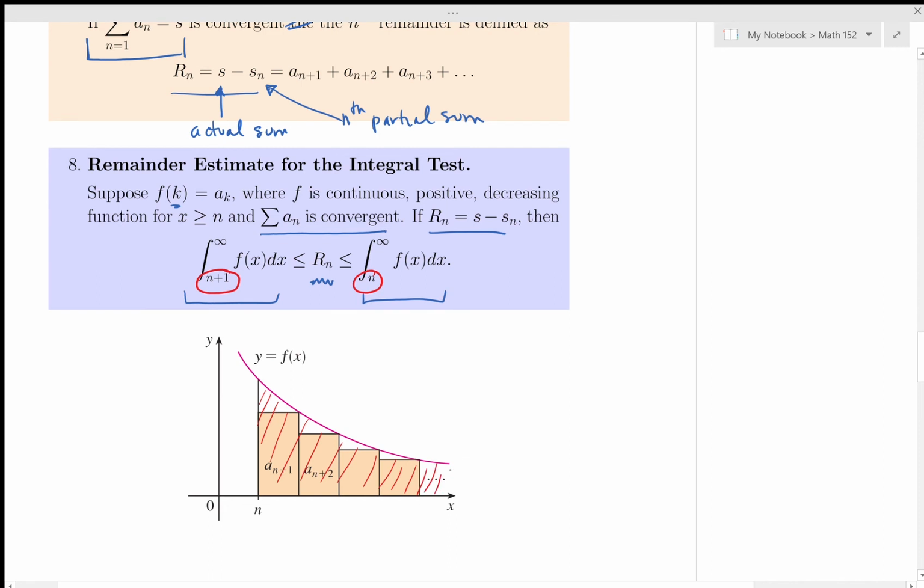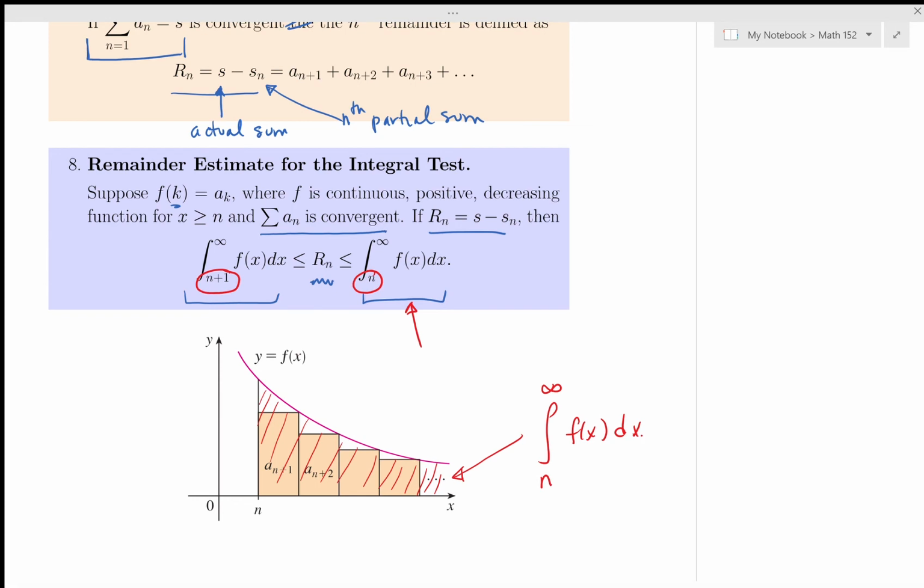What I've shaded there in red is the integral from n to infinity of f of x dx. And you can see that it is bigger than the terms that we didn't include, a_{n+1}, a_{n+2}, like that. Okay, so that is an upper bound.